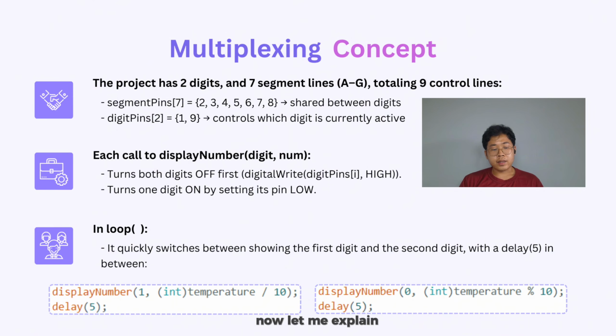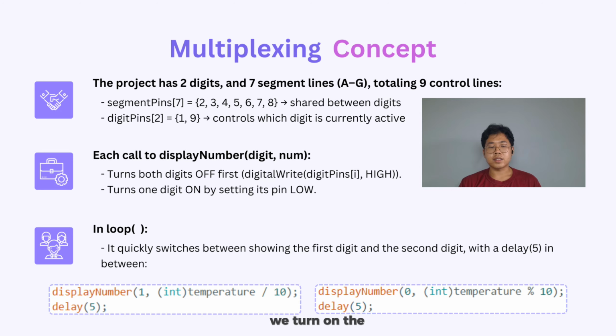Now let me explain how we implemented the multiplexing concept in our project. Instead of using 14 separate pins to display the 7 segments, we use only 7 pins for displaying numbers, and we have 2 pins for controlling which one will display.